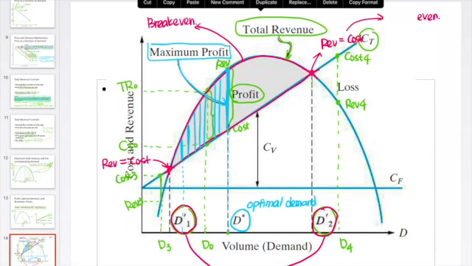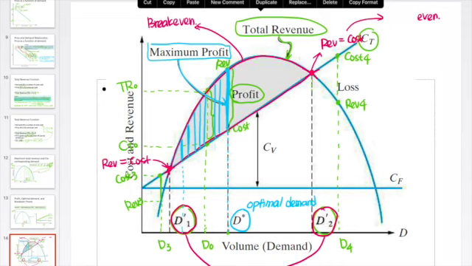Okay, so this is also very important to you. So what are the takeaways from this chart? First thing, you can only make profit between D1 prime and D2 prime, between the range of break-even points. That's the gray area, okay? Outside of that area, you're losing money.